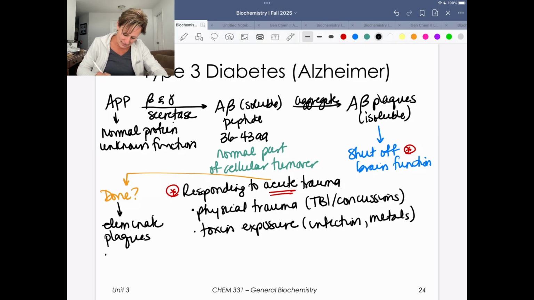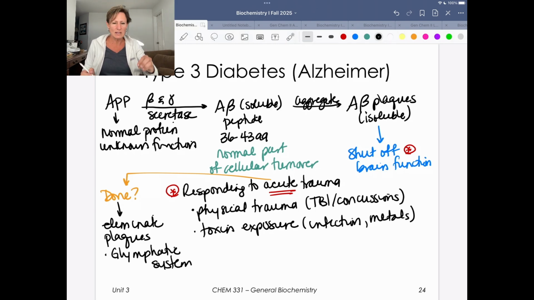using things like the glymphatic system. That's essentially the lymph system in your brain. We can use ApoE, right? We talked about ApoE in our learning unit on nucleic acids and nucleotides, because we learned about that as an important SNP.